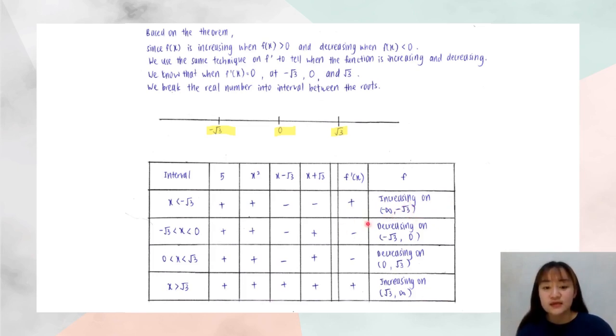This one is negative, so it is decreasing on (-√3, 0). This one is also negative, so it is decreasing on (0, √3). And this one is positive, so it is increasing on (√3, ∞).